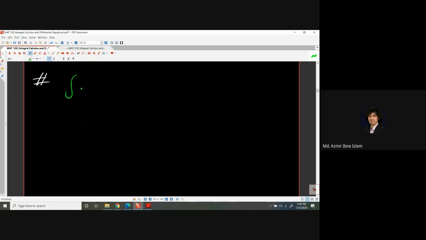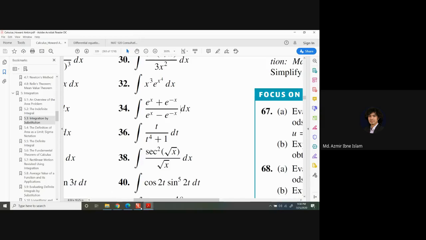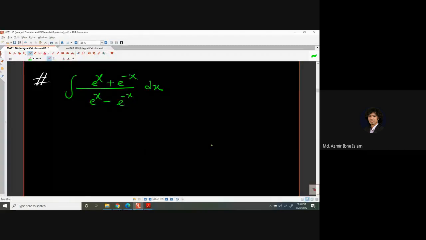We have an indefinite integral of e to the power x plus e to the power minus x over e to the power x minus e to the power negative x, dx. Let me check again. Yeah, I have written the correct thing.